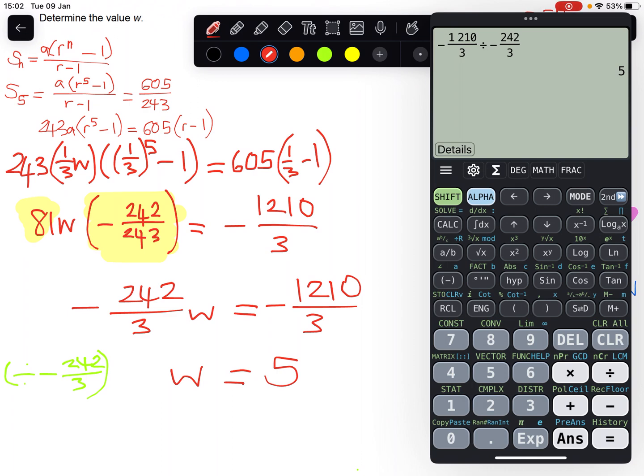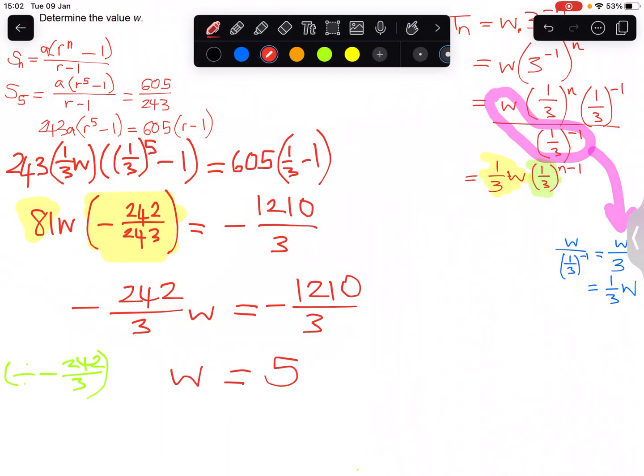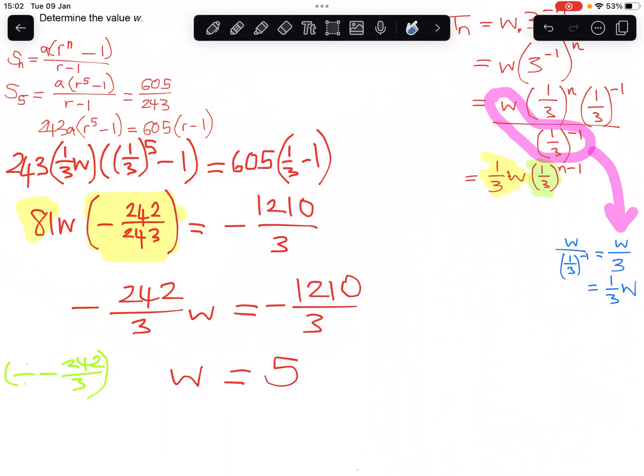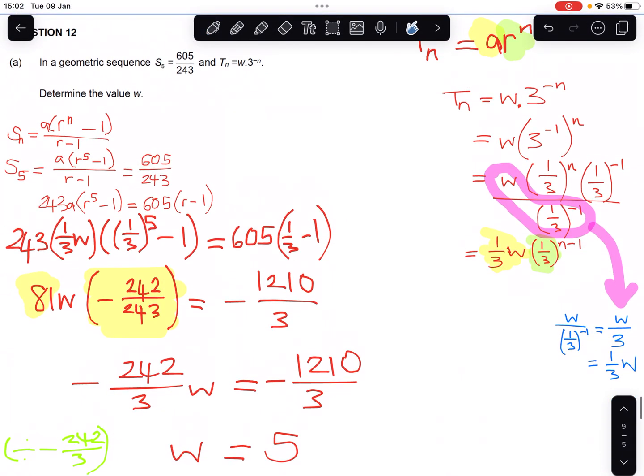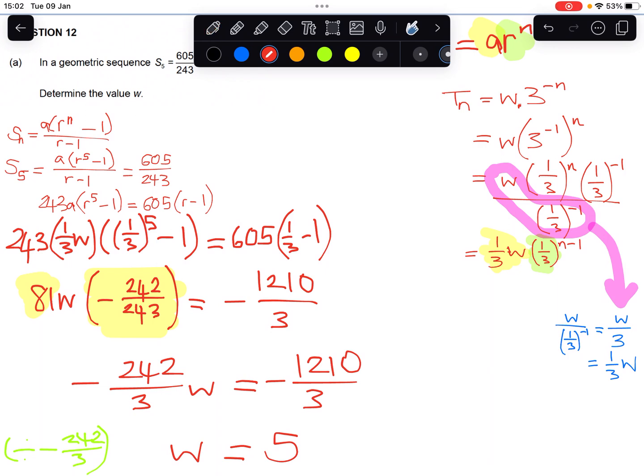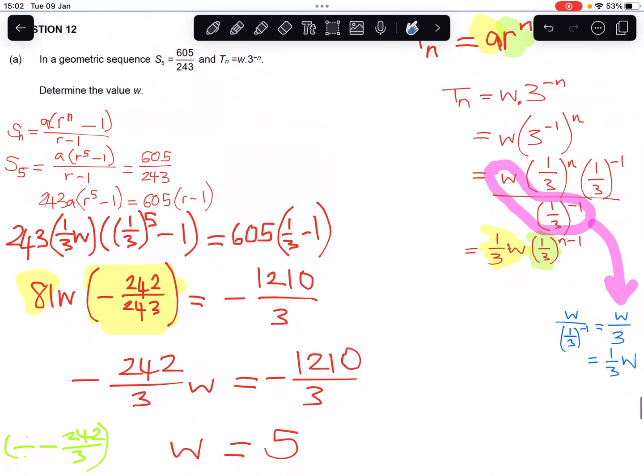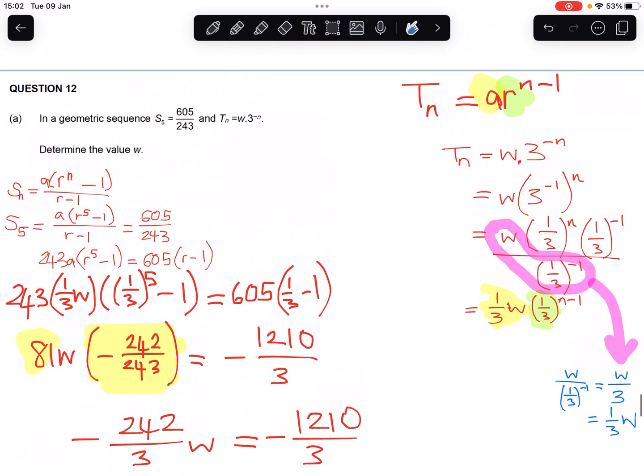5. Right. And of course, if you have time in your exams, always good to do sanity checks. So what I would do, if I was at the end of my exam and had a bit of time left over, I would take this value of W, 5, and put it in here.